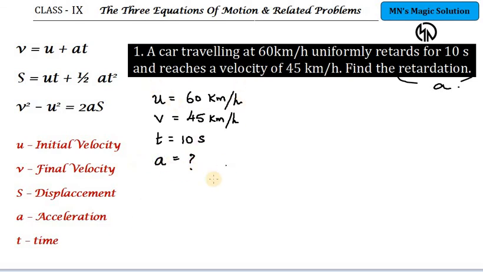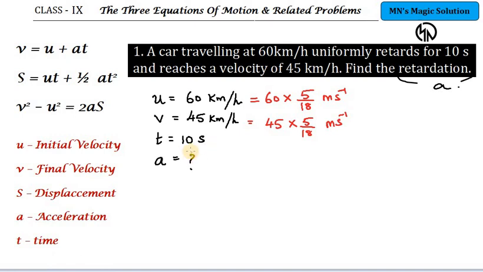So we have gathered the details. But first of all we must look at the data. The time is in seconds and u and v are in kilometer per hour. So I'm going to convert this 60 km per hour into meter per second and then proceed with the problem.